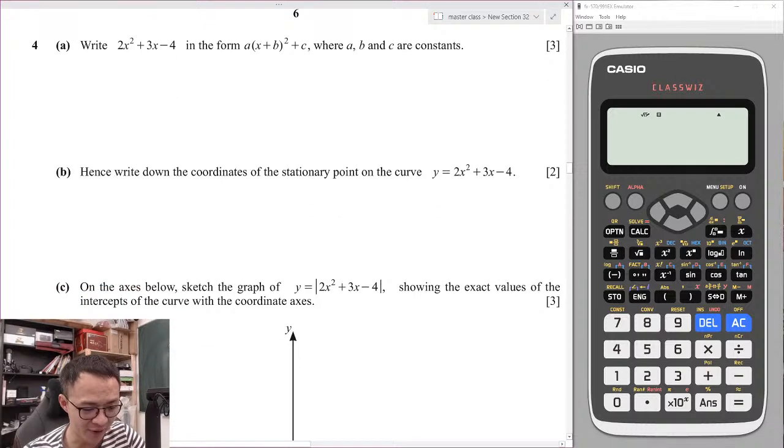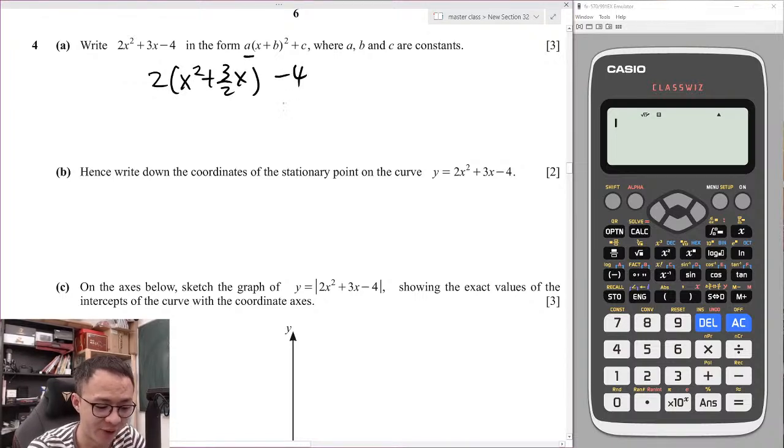Alright, number 4 here. Complete the square. So far so good. Okay, if you do a complete square, you see A here, you need to factorize out the 2 from here. So I have x squared plus 3 over 2 x minus 4.